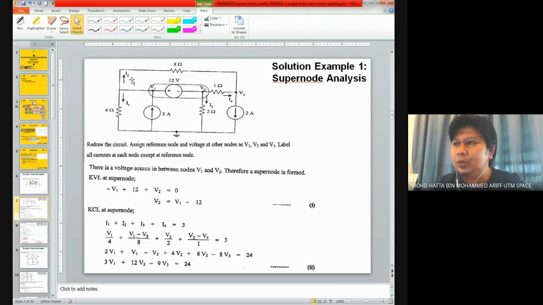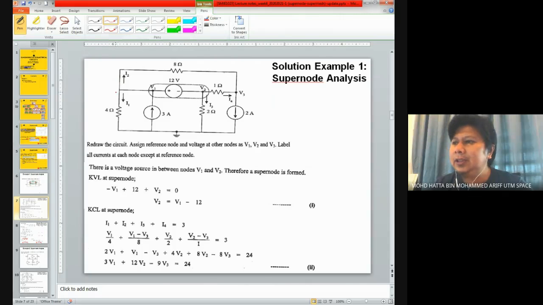You can also use a different direction, for example this direction or this direction. It doesn't matter, it's okay. But remember, if you do that, make sure you maintain it until the end of the analysis. Otherwise, you will get confused and the analysis will be incorrect.